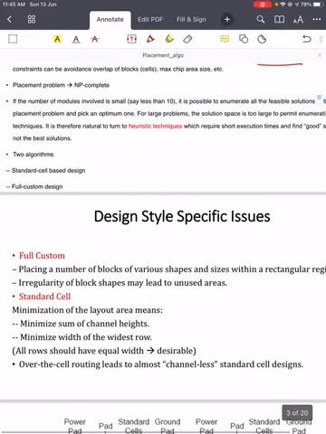Now let me discuss a few things regarding design style specific issues. First one is the full custom design style.